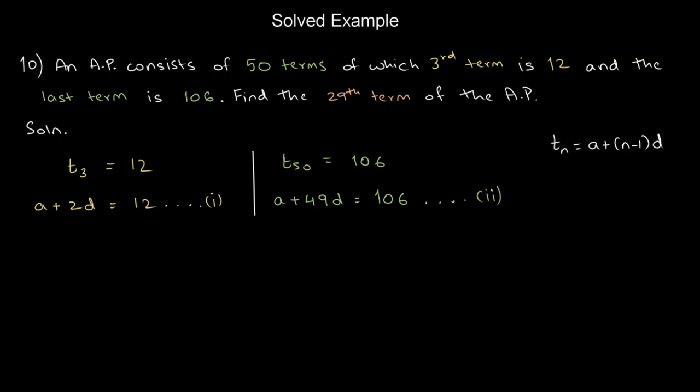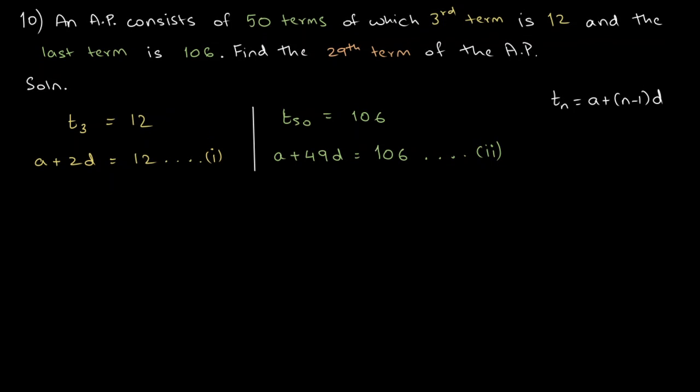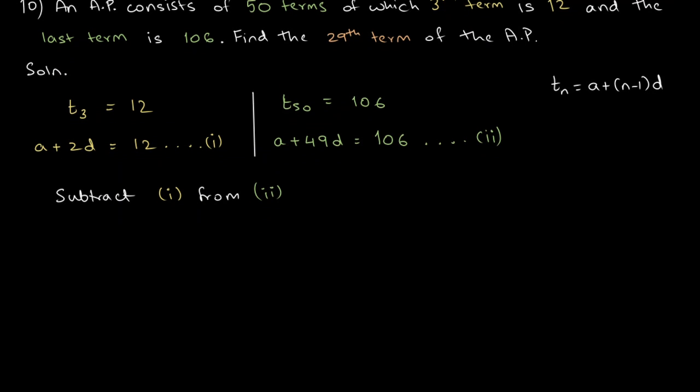Now I have two linear equations with two unknowns. If I solve them, I should get the values of a and d, and for doing that I will subtract equation number 1 from equation number 2. So let's do just that.